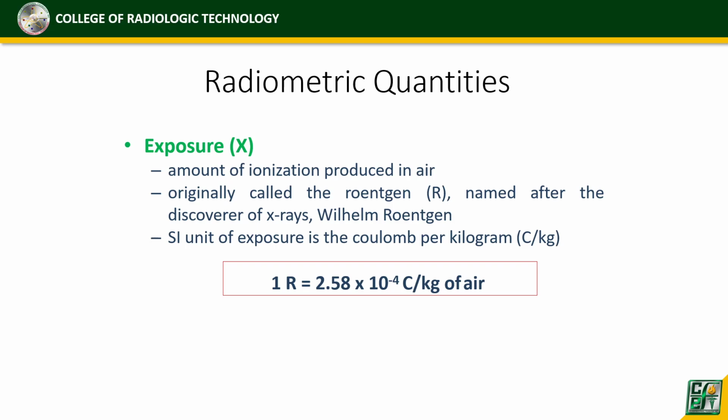So therefore, ang kanyang conversion is 1 Röntgen equals 2.58 times 10 to the negative 4 coulomb per kilogram of air. So exposure. At ang symbol ng exposure ay capital letter X. Yung Röntgen naman na unit ay capital letter R, and coulomb per kilogram is capital letter C over kg.